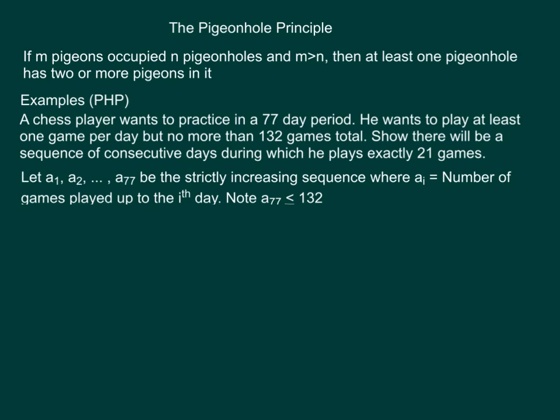So it's all the games he's played in day 1, day 2, day 3. And as you can see, it's a strictly increasing sequence since he plays at least 1 game per day.